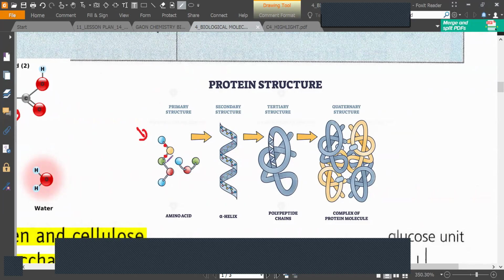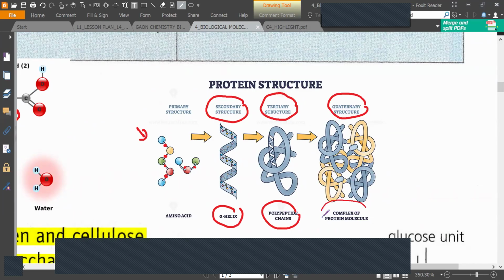The amino acids joined by peptide bonds can form a very long chain, and then they can wind up together to form this alpha helix, and then they can join together more, tertiary structure, and then quaternary structure. Finally, they form these complex protein molecules. So they start with a simple chain of amino acids, and then they go through some steps to form these final complex protein molecules that have many functions.